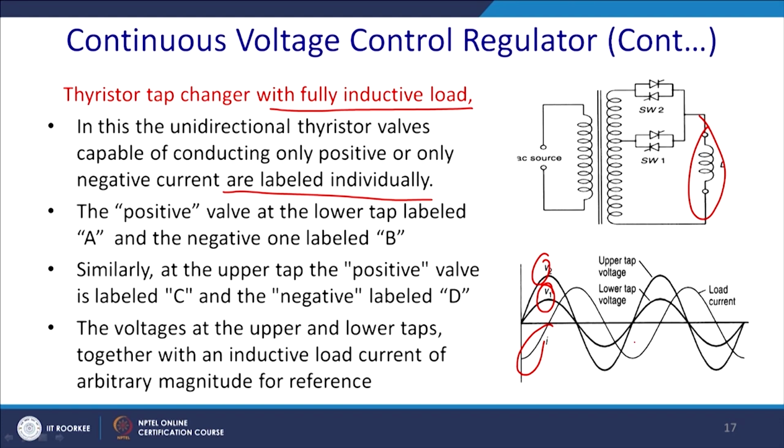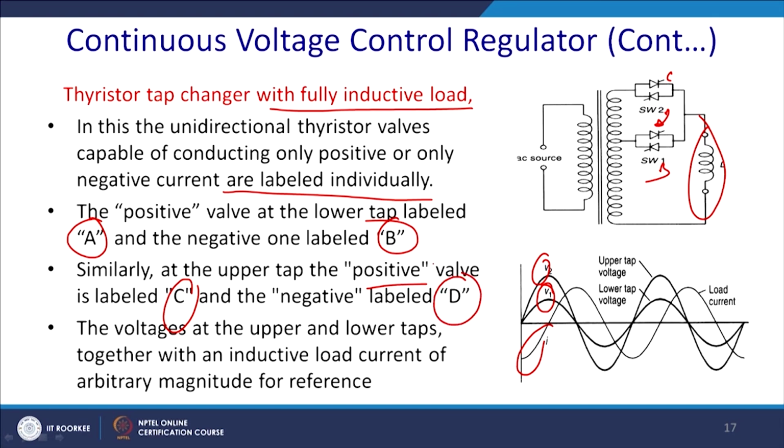A positive valve at a lower tap is labeled as A, and the negative is labeled as B. Similarly, the upper tap, this is A, this is B, this is C, and this is D. The positive valve of the upper tap is labeled as C, and the negative is labeled as D.